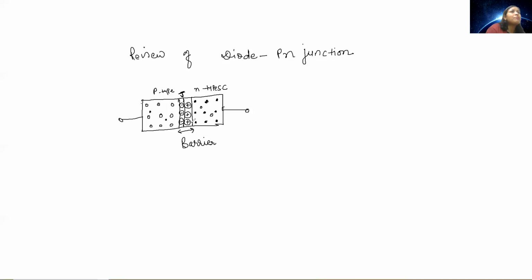So in order to make it operate, we have to apply external voltage. This application of voltage is called biasing. So we are applying external voltage to a PN junction in order to make it work. This biasing is done in two ways: one is called forward biasing and the other is called reverse biasing.